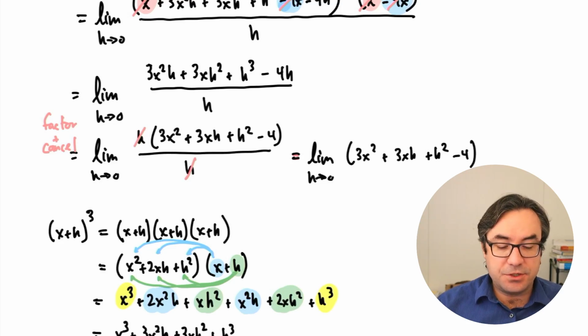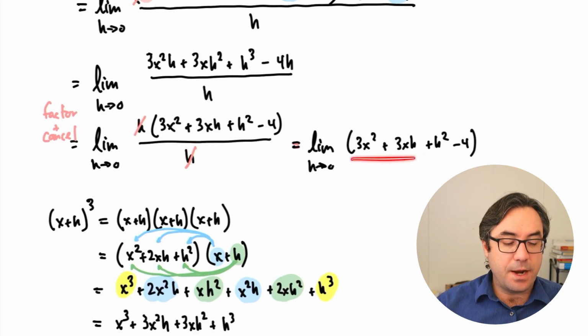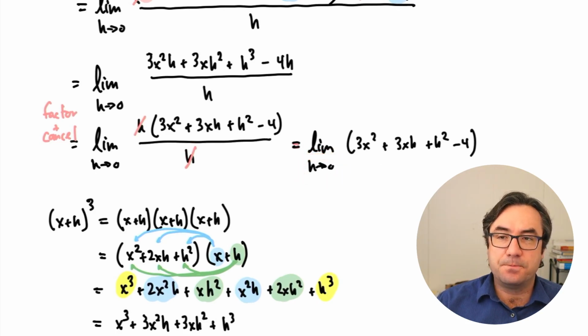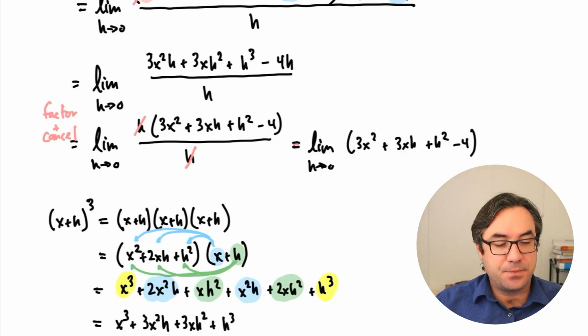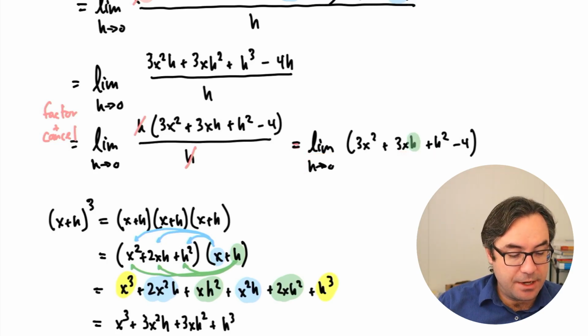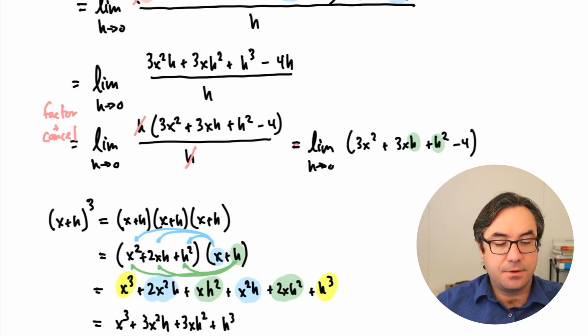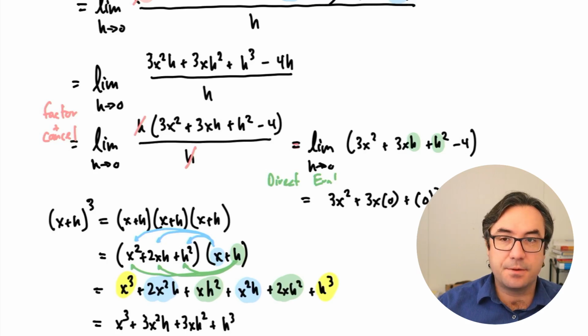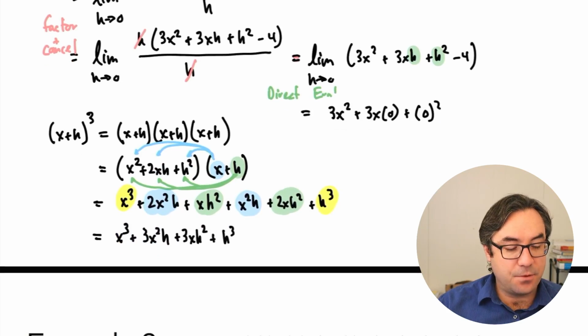As soon as we do that cancel step, once we rewrite it, the very next thing should be to actually do our direct evaluation. So we're going to plug in h equals 0 wherever we see an h. I see an h right here, and I see an h right here. When we do our direct evaluation, we end up with 3x squared plus 3x times 0 plus 0 squared minus 4.